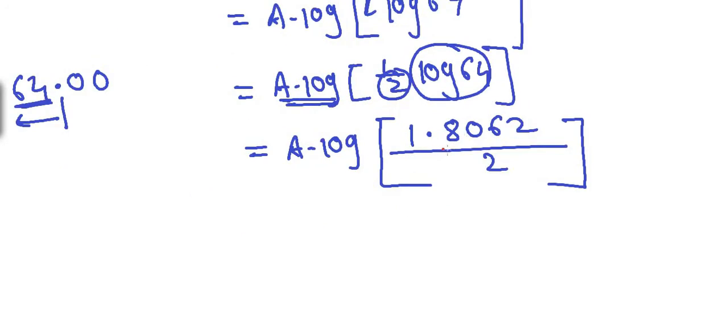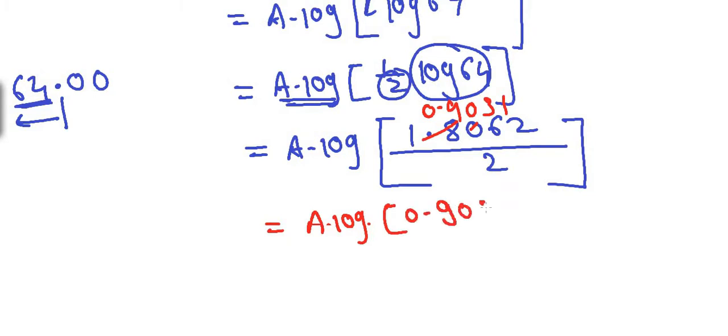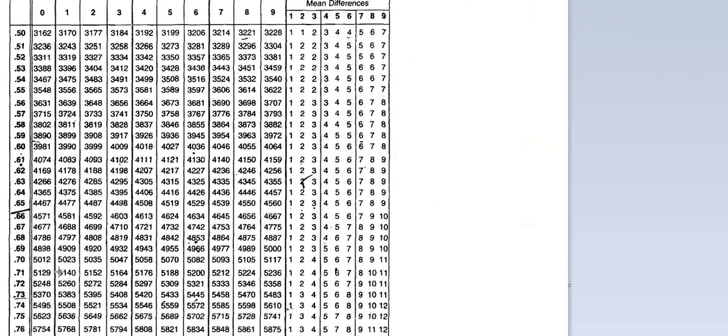So that is equal to 2 9s are 18, 0.9, 0, 0, 2 3s are 6, and 2 1s are 2. So this is equal to antilog of 0.9031. Now to find the antilog, the group of digits is 0.9031. Let us locate 0.90.